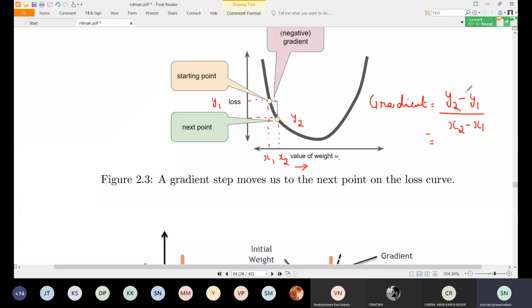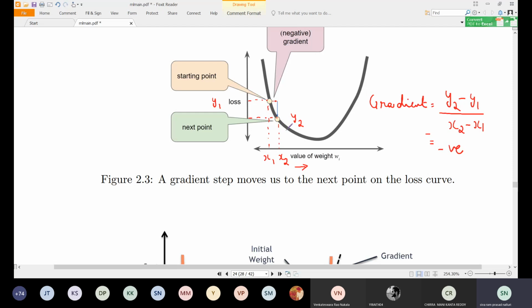So the numerator is negative and the denominator is positive. So the overall gradient value is negative. We say the direction of the gradient vector is towards negative direction. Okay, negative gradient.